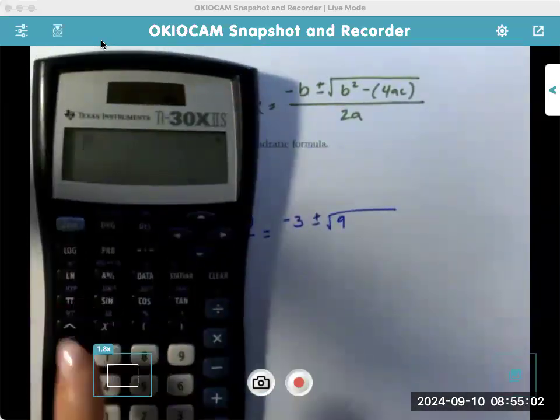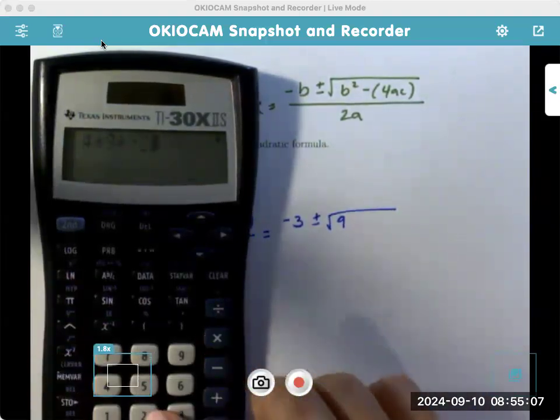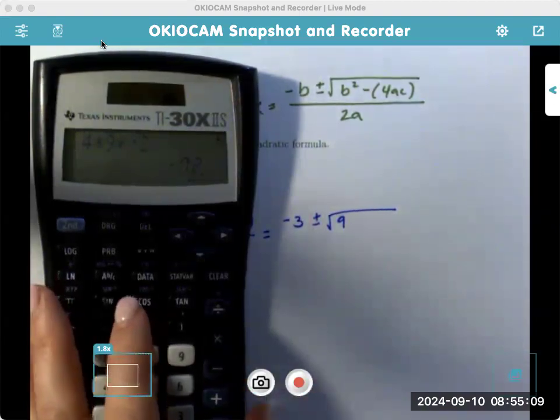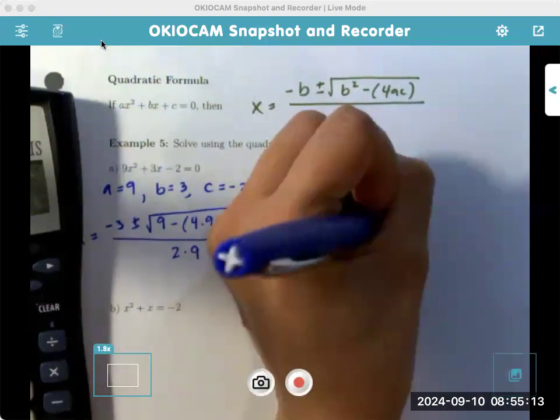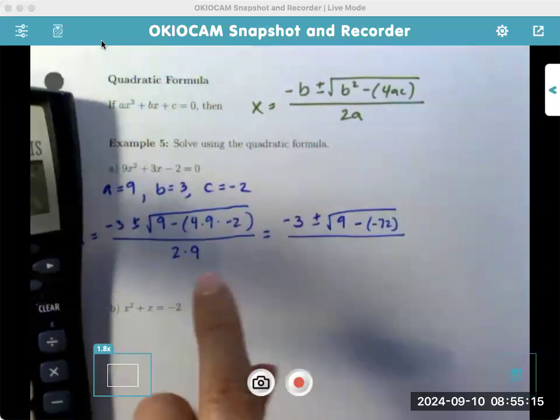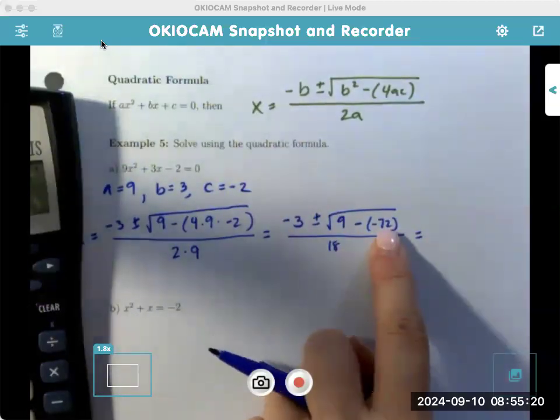Hopefully you can see the screen. 4 times 9 times -2, which is -72, all over 2 times 9, which is 18. So the double negative makes it a positive.